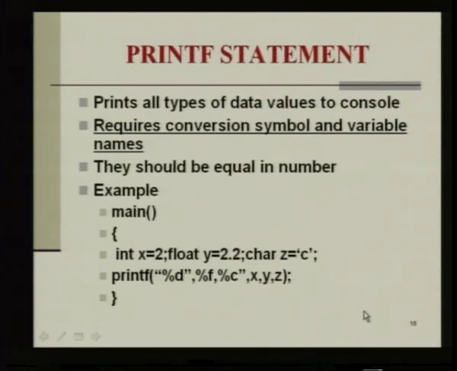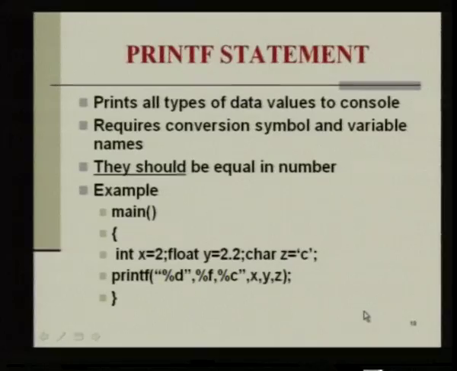The variable name is nothing but the data value, and based on what type of data value we need, we have a conversion symbol, which is nothing but a format specifier. The number of conversion symbols should be equal to the number of data values. So if we want to output 2 data values, we should have 2 conversion symbols. We cannot have 3 conversion symbols and print only 2, or have only 2 conversion symbols and print 3.